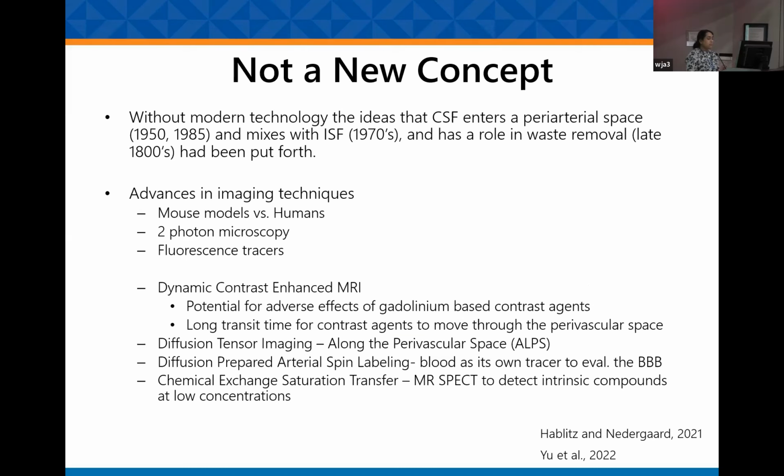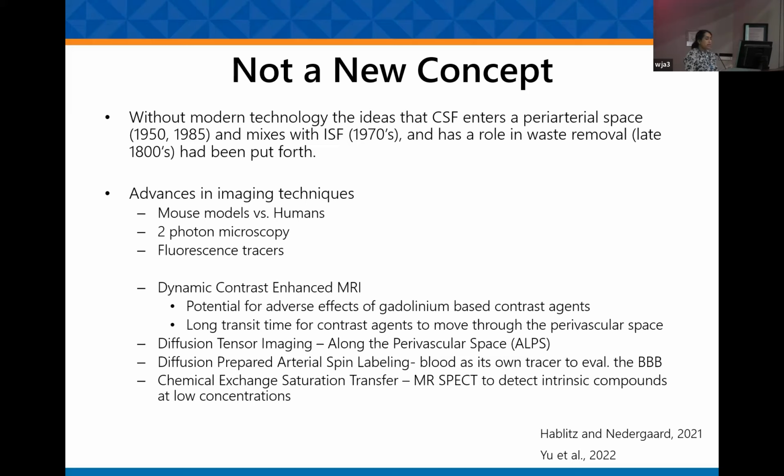In mouse models, a lot of the studies will use 2-photon microscopy and fluorescence tracers to look at, say, in vivo tracking of CSF in the brain. And in humans, this technology is still being developed to use MRI imaging to look at fluid tracing. We are familiar with gadolinium-based contrast agents.